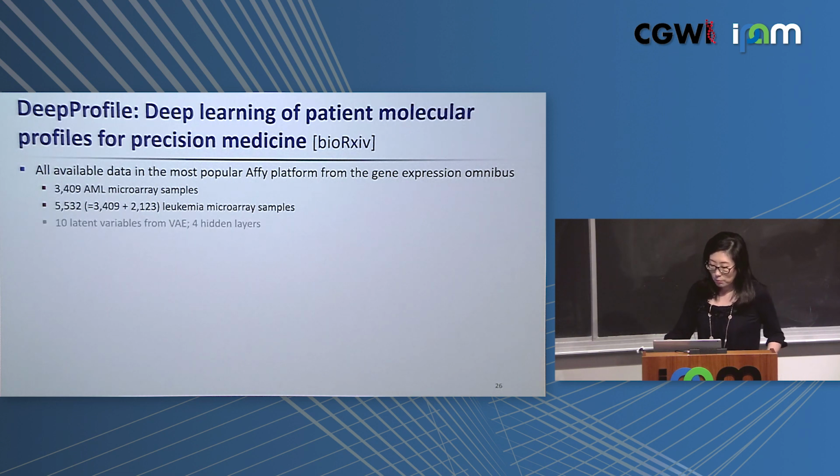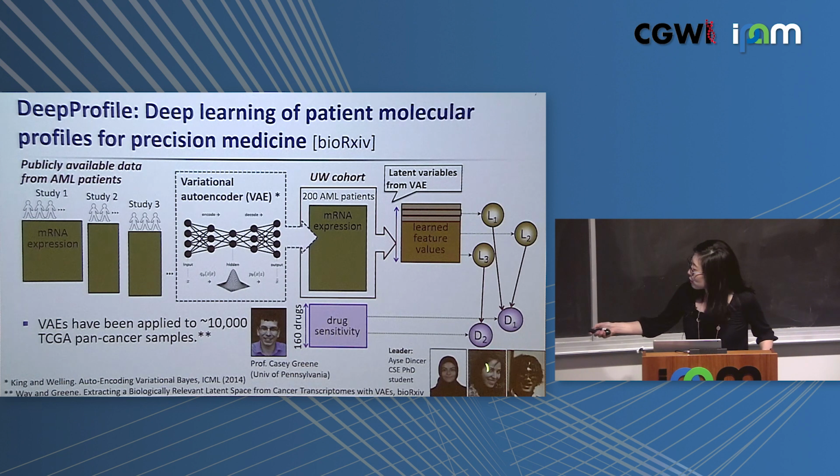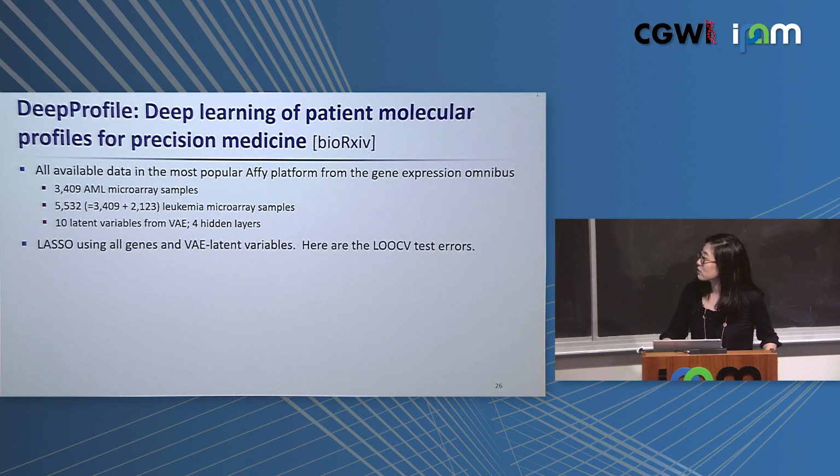So my first-year student, Aisha, collected all available AML gene expression samples from the most popular Affymetrix platform. We applied the VAE with 4 hidden layers and extracted 10 latent variables, and then we used the lasso to predict drug sensitivity.